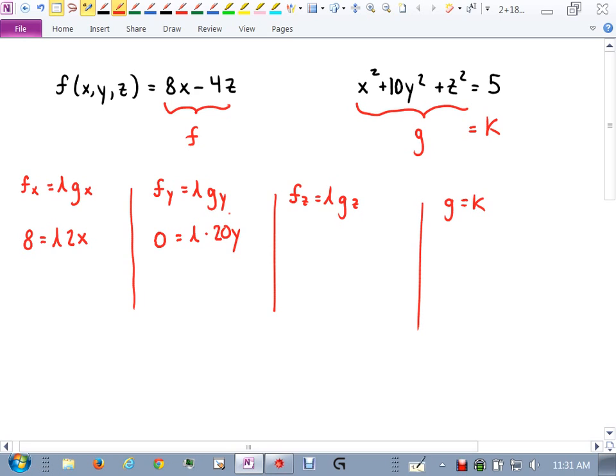And then the partial of f with respect to z is negative 4, equals lambda times the partial of g with respect to z, 2z. And then our constraint, we can just rewrite that whole thing again. Questions on that?